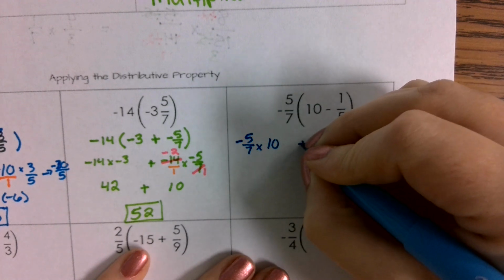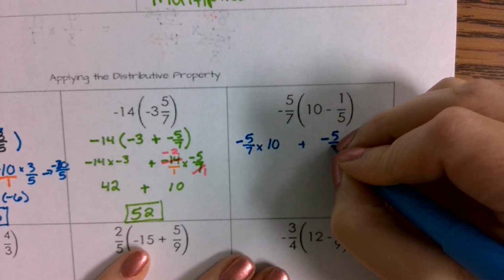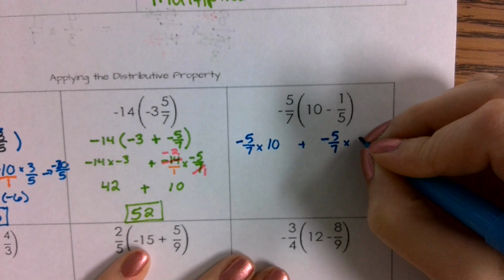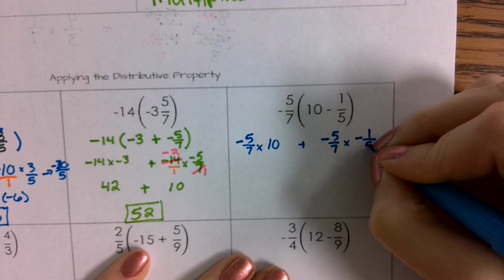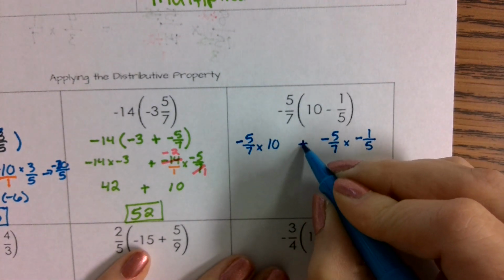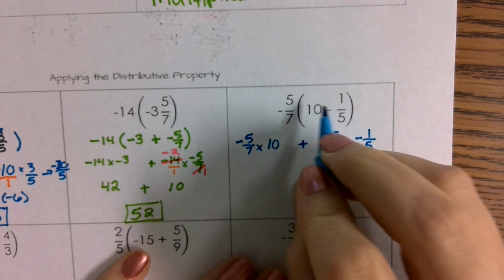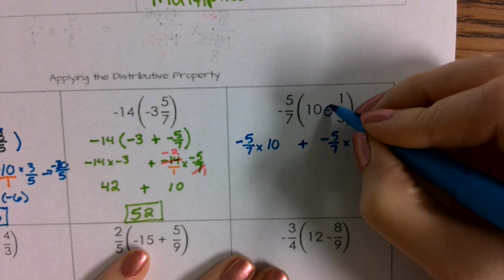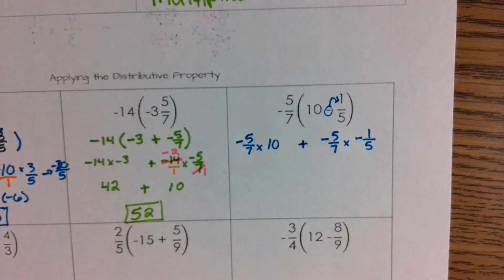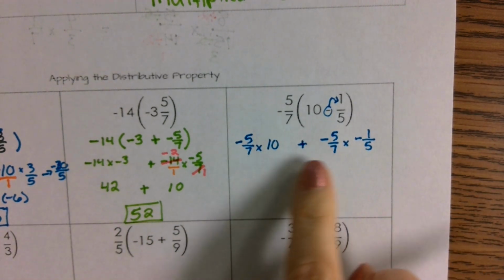Then we're going to do negative 5 over 7, and we're going to multiply it by a negative 1 over 5. Notice I went ahead and changed this to a plus and then kept the 1/5 as a negative. I'm just assigning that minus sign to my fraction and keeping this as a sum instead.